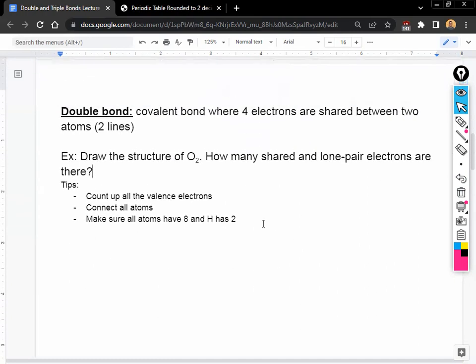So a double bond is where you have 4 electrons and you have 2 lines. Might want to jot that down somewhere. Like we said, a single bond is 2 electrons, which is equal to 1 line, and a double bond is 4 electrons and 2 lines. Okay, and we're going to do an example of that right here.